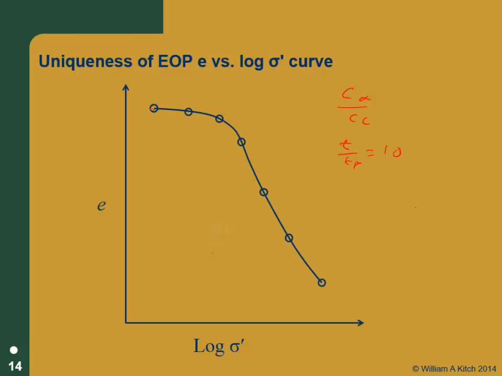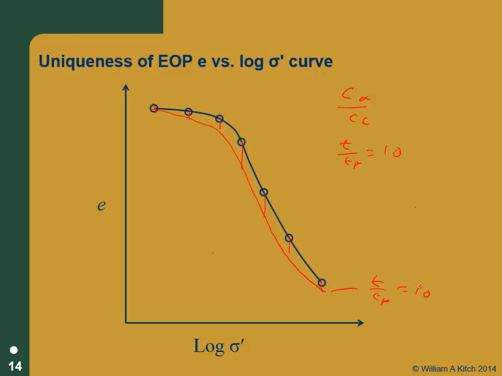I can calculate how much secondary I'm going to get at each one of these points, right? And I can draw a new stress-strain curve for t over t_p equal to 10.